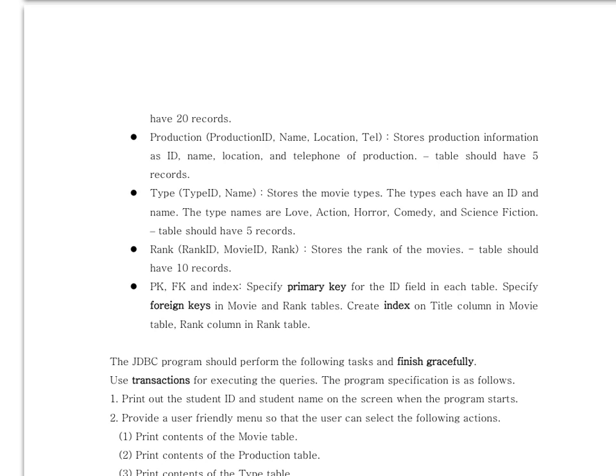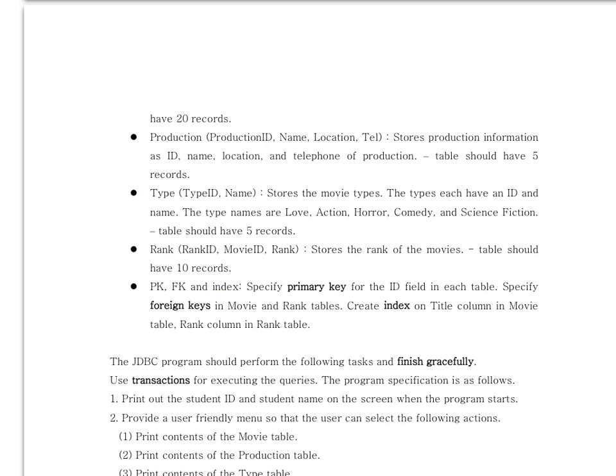There's primary key, foreign key, and index. So you want to specify the primary key for the ID field, and specify the foreign keys in the movie and rank tables.